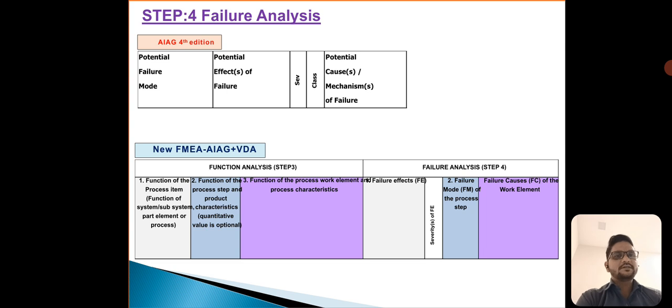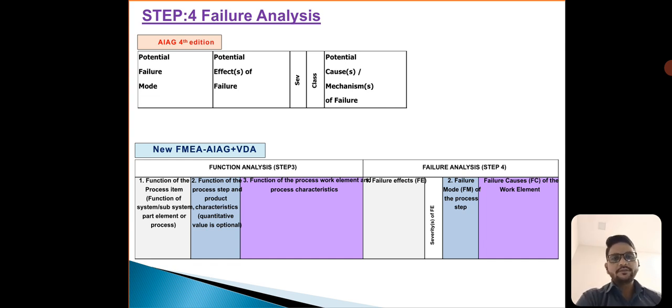Now the next step is failure analysis. In the AIAG 4th edition there was potential failure mode, potential effect of failure, severity number, class such as major or minor, and potential causes or mechanism of failure.